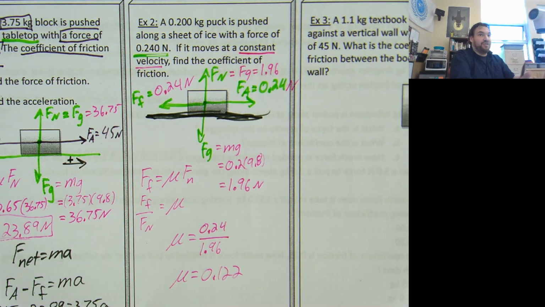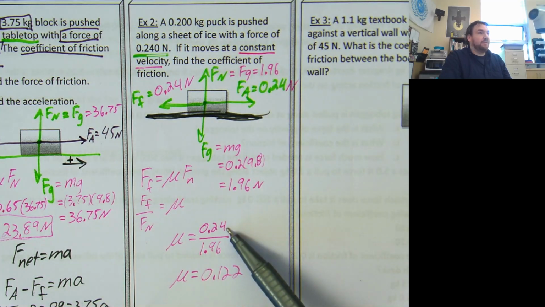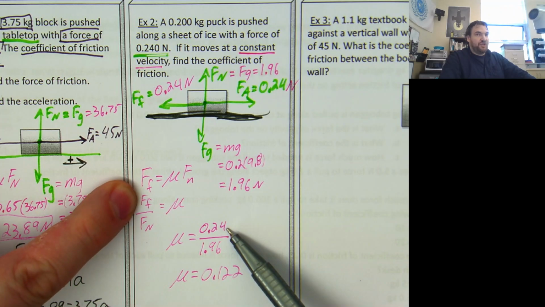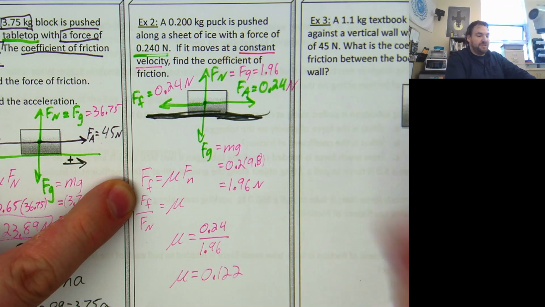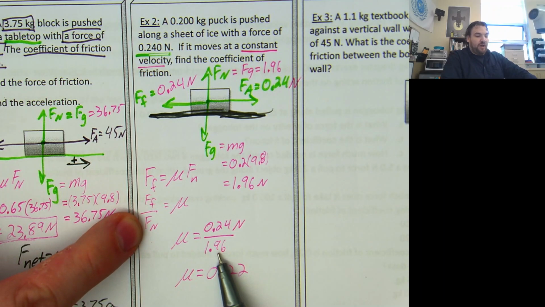And look at this interesting result that we have not talked about yet. What are the units on this top value? The top value was force of friction. What are the units on the force of friction? Newtons. This bottom value is the normal force. What are the units on the normal force? It's a force.